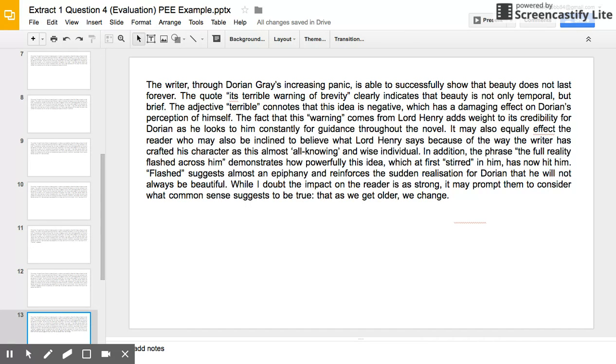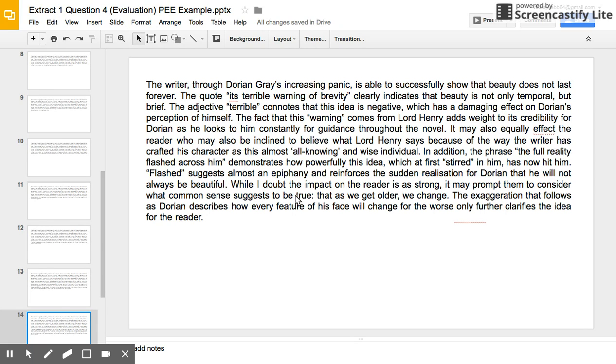I know I need to reference the reader and how successful this is, how successful the idea that beauty doesn't last forever is communicated in this extract. So here, I'm really starting to think more about the reader. So while I doubt the impact on the reader is as strong, it may prompt them to consider what common sense suggests to be true, that as we get older, we change.